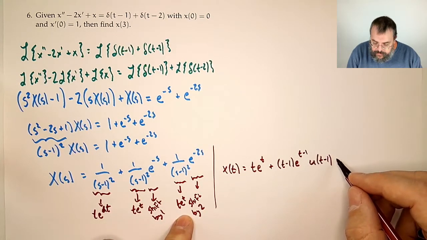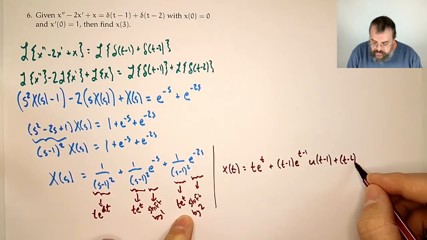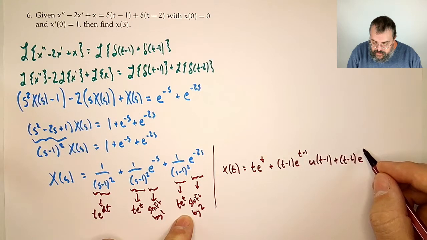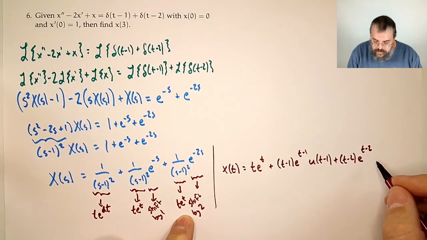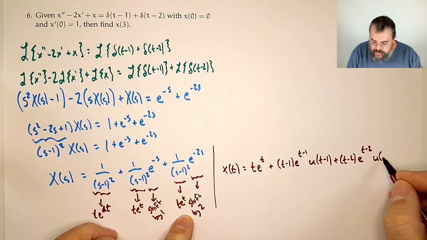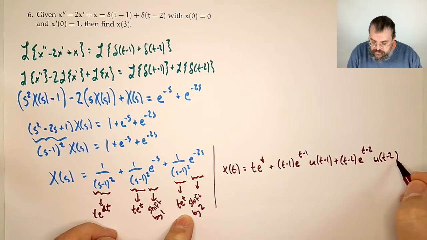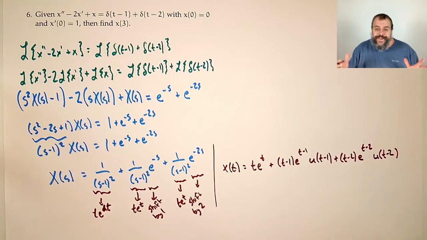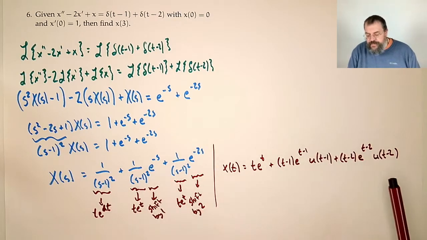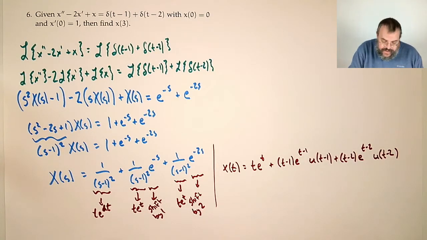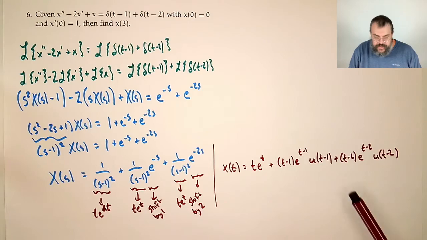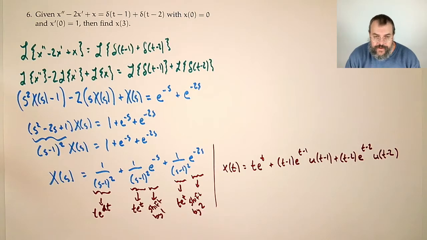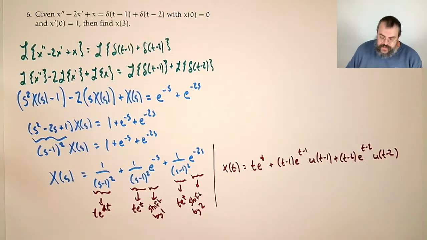And here, similar thing, t minus 2, e to the t minus 2, because we're shifting by 2, but turn on the on-off switch u of t minus 2. All right, so there we go. This becomes that. And you'll see it's the same function, t e to the t, consistently all the way across. The only thing that really changes is you have to hit it with these on-off switches.